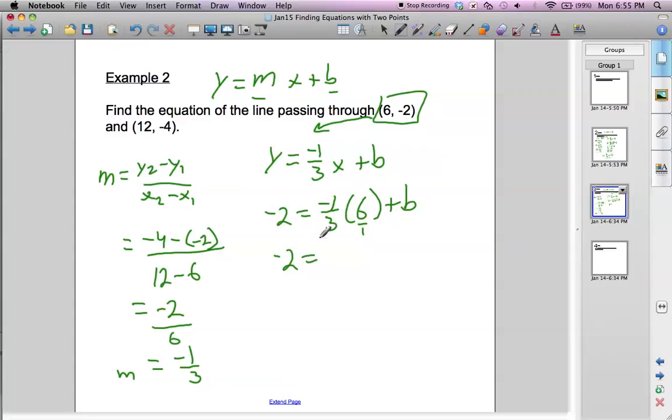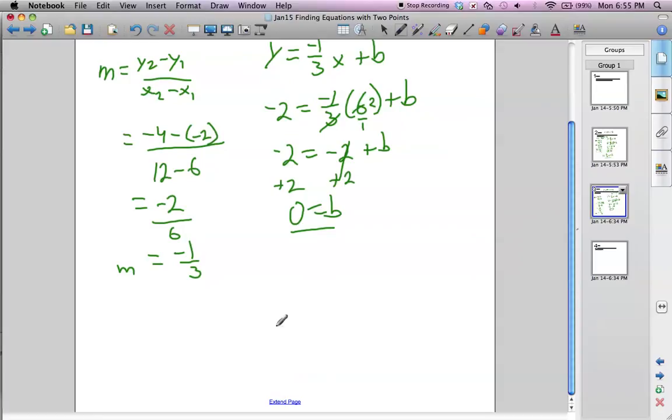We can do 6 divided by 3 and get 2. -1 times 2 is -2. And to solve for b, we add 2 to both sides of the equation. We get 0 equals b. So the y-intercept is 0. The equation of the line is going to be y equals slope times x plus the y-intercept. And because the y-intercept is 0, we could just write the equation like this.